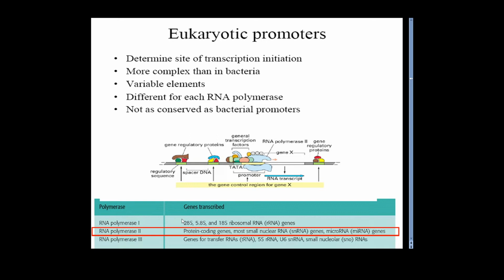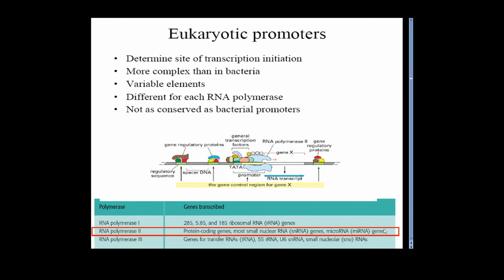RNA polymerase 2 is the main enzyme for synthesis of protein coding genes, small nuclear RNAs and microRNAs, the protein coding messenger RNAs and the regulatory part of those genes.